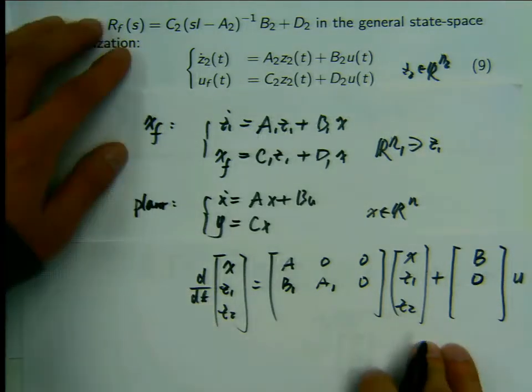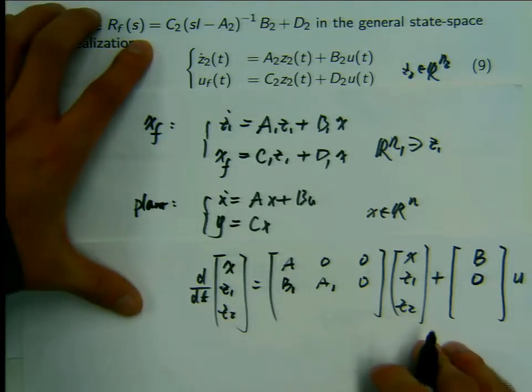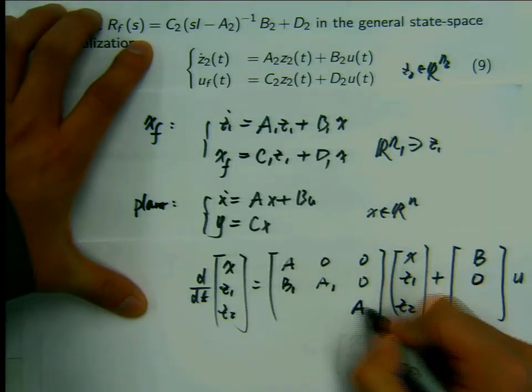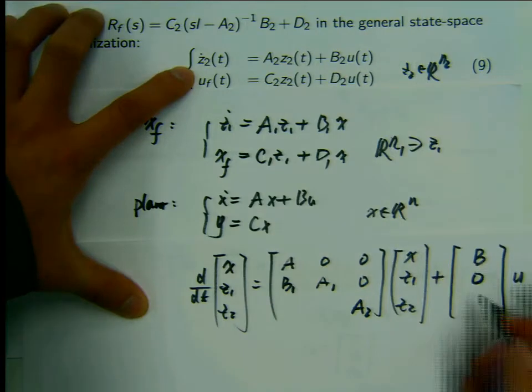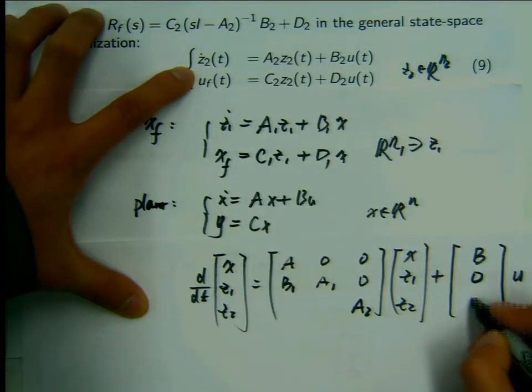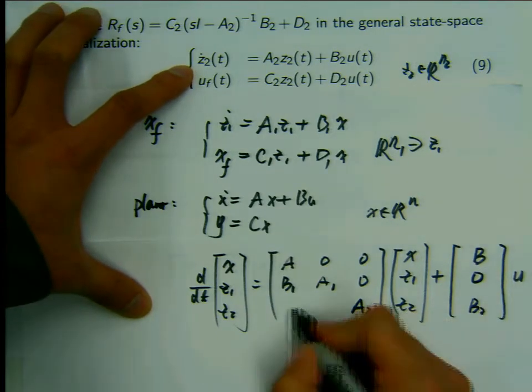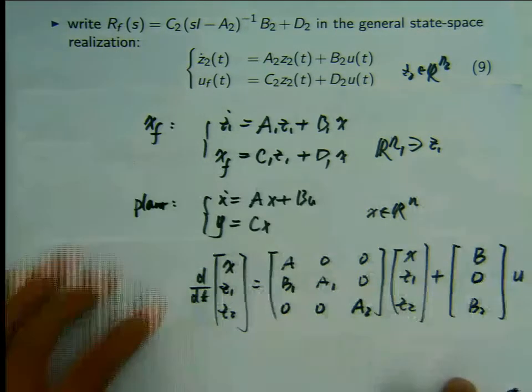And then z2 dot, look at this one. z2 dot is going to be A2 z2 plus B2 u. And it doesn't depend on x or z1.